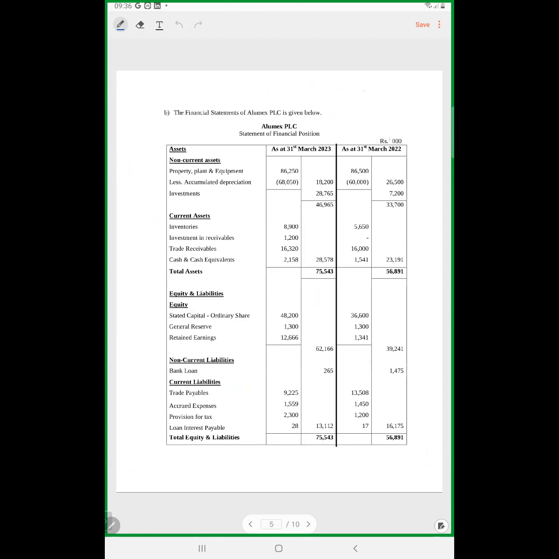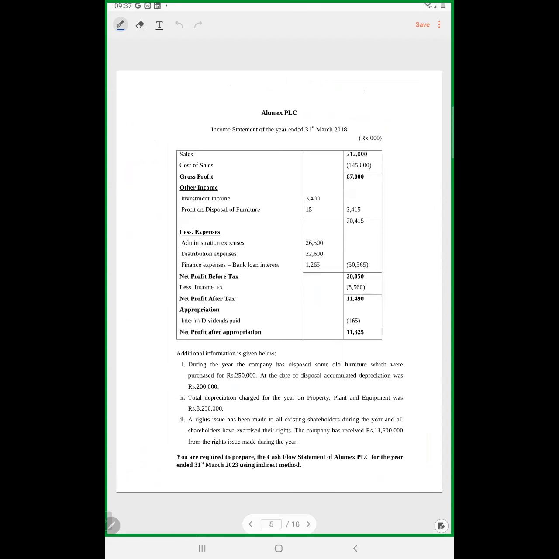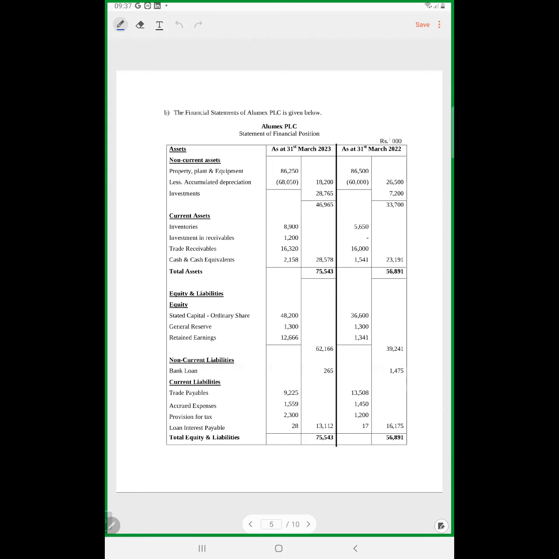So you are given the statement of financial position as well as the statement of comprehensive income. I think you all have gone through this. In the financial position, you are given the property, plant and equipment, accumulated depreciation, and the investment amount.